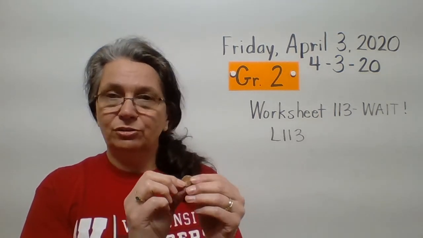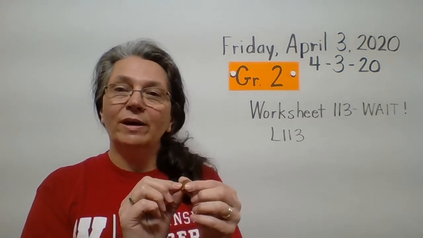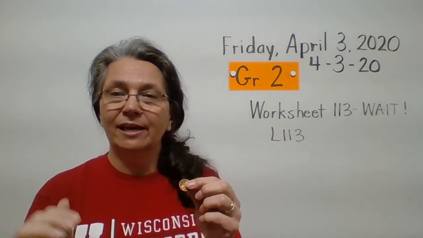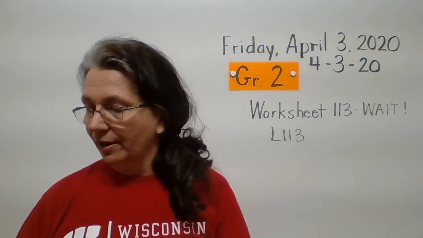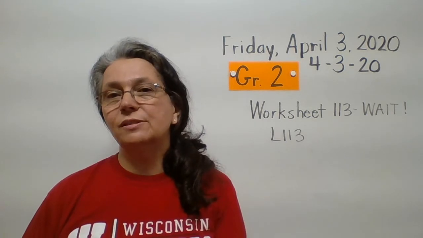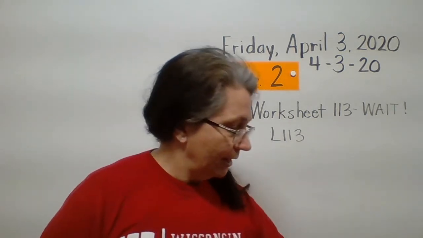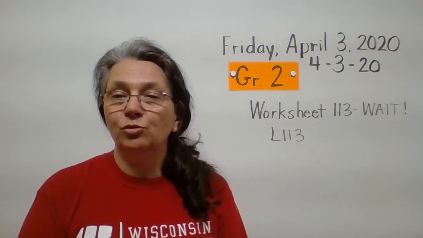Then you'll do that with all the pennies that I send you. Once you have all the pennies recorded with tally marks, we're going to create a graph down below. Notice the graph is counting by twos. Let's say you have an amount of pennies for one set of years that comes to 12.